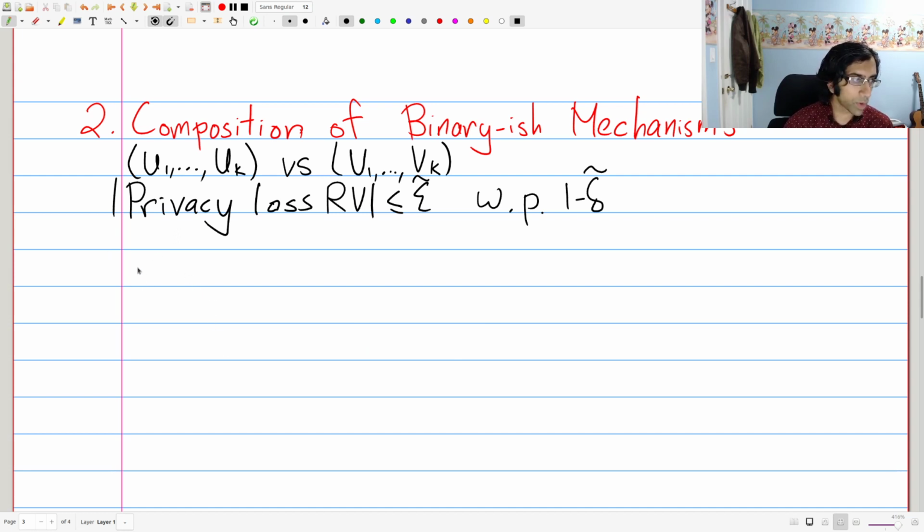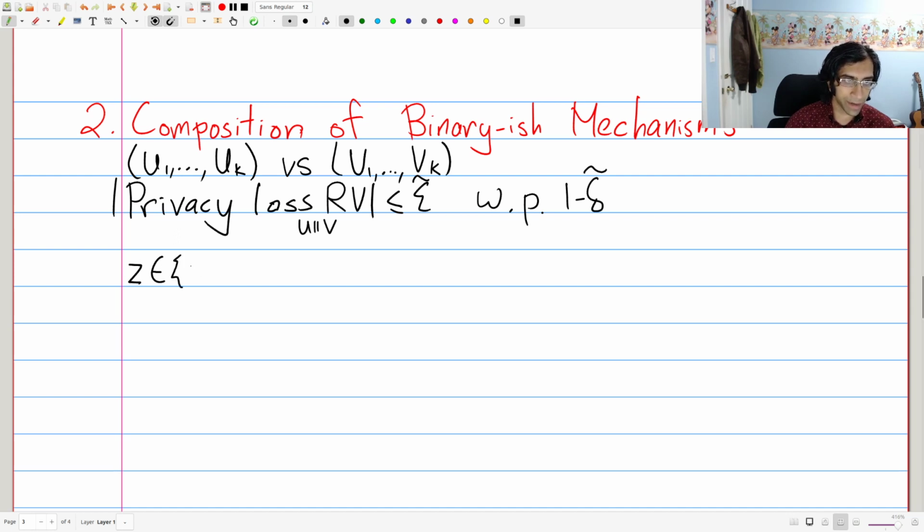So what are we going to do? We're going to prove this bound on the privacy loss random variable of U with respect to V. How do we prove this? Well, as usual, we're going to sample according to the former sequence. So in particular, we're going to let Z be a random variable, or rather these will be the realizations actually.